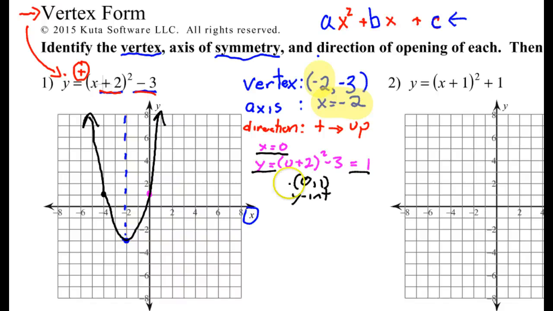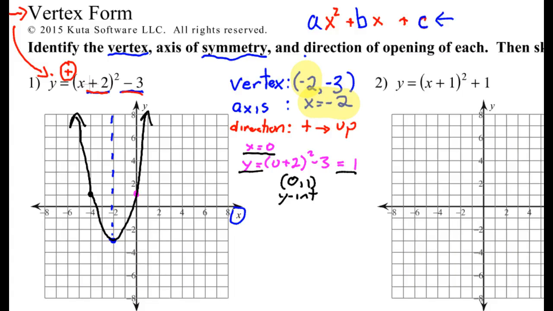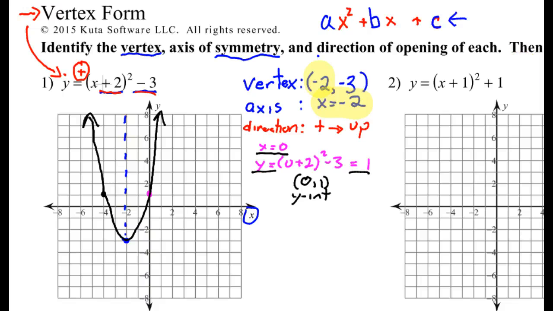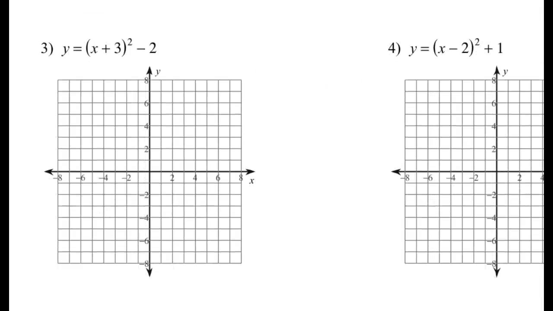Okay. Let's do a few more just on this side. Let's do the vertex for a few of them just to make sure we got it. Let's go down to here. What's the vertex here? On number 3? 3 and -2?